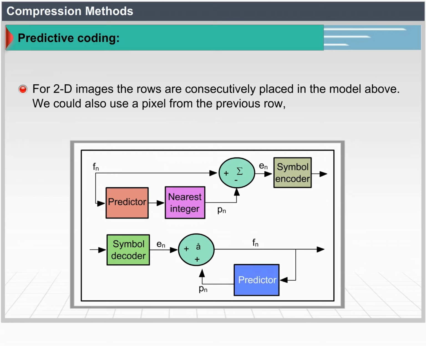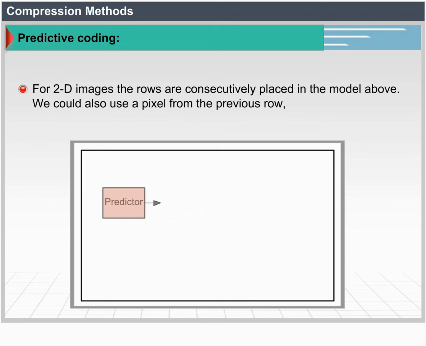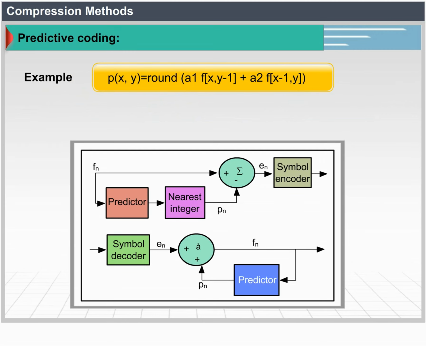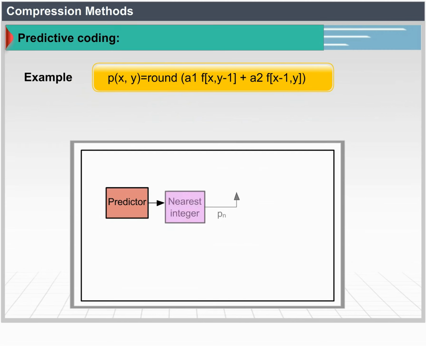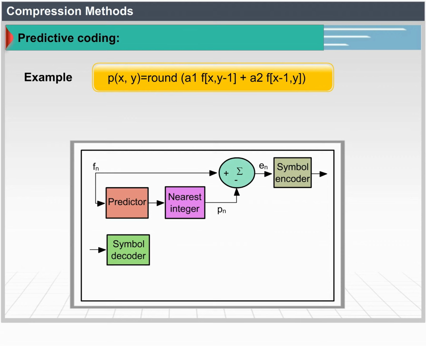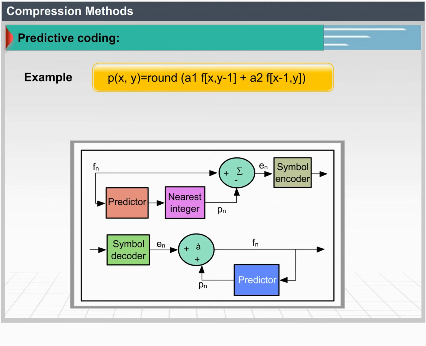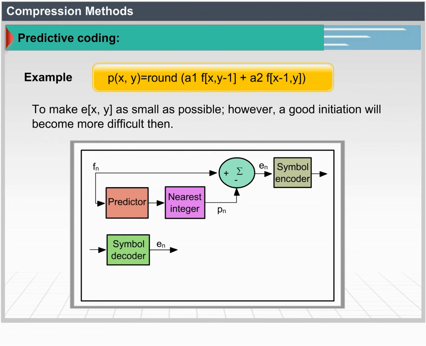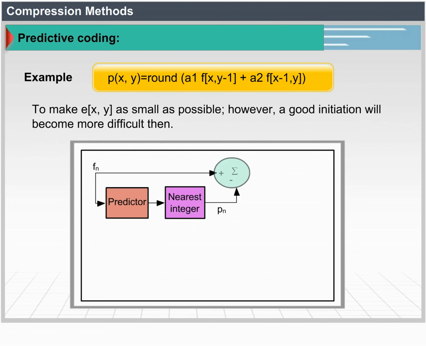We could also use a pixel from the previous row. For example, p(x, y) equals round of a1 f(x, y minus 1) plus a2 f(x minus 1, y), to make e(x, y) as small as possible. However, a good initialization will become more difficult then.